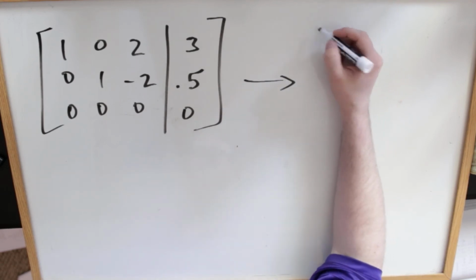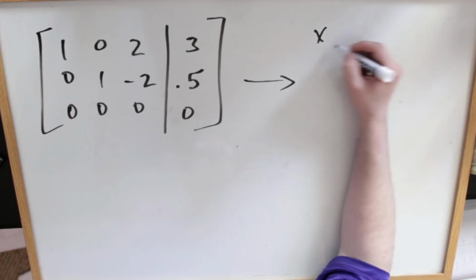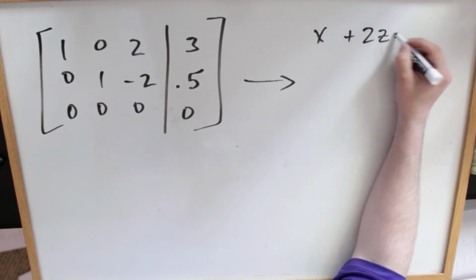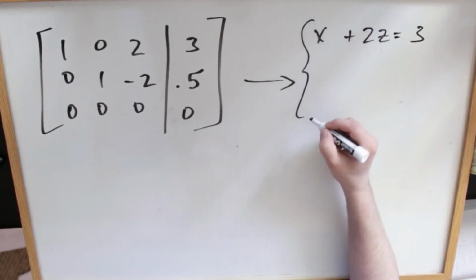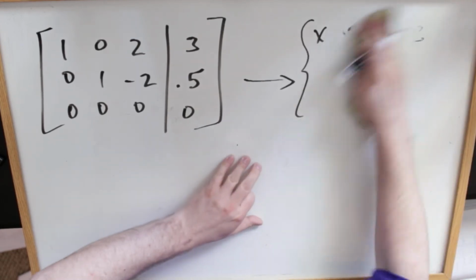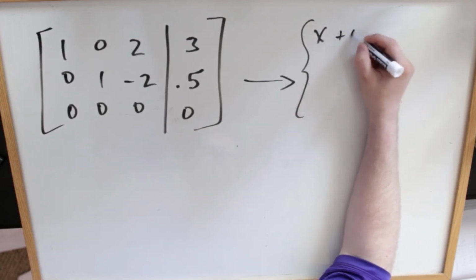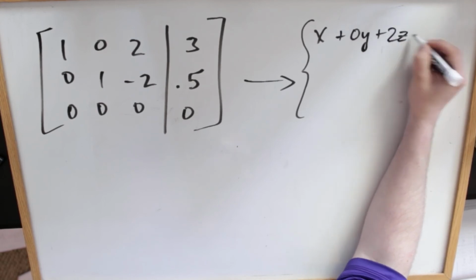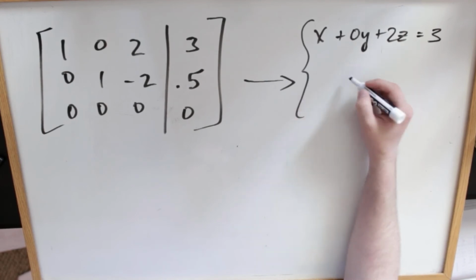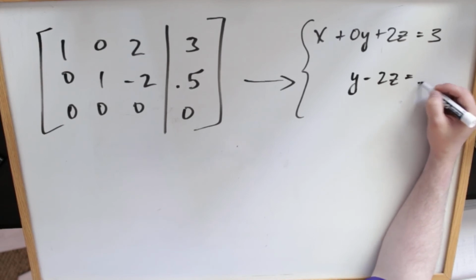So this is the same thing as 1x plus 0y plus 2z is equal to 3. And then we also have that y minus 2z is equal to 0.5.